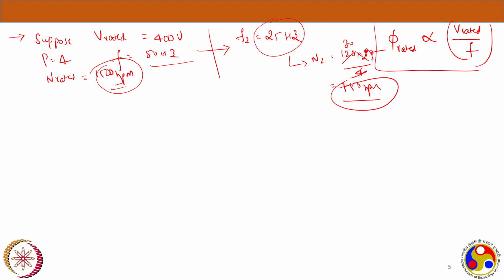I am trying to run my motor at half of its rated speed, by keeping my voltage constant. So I'm not varying the rated voltage.